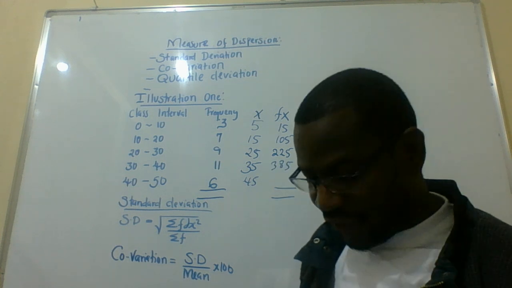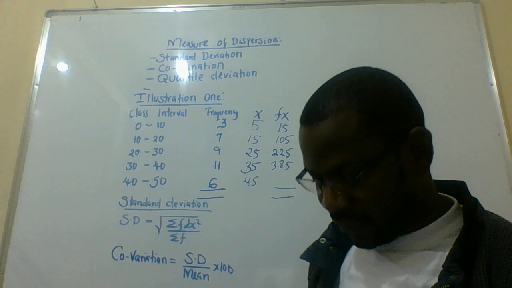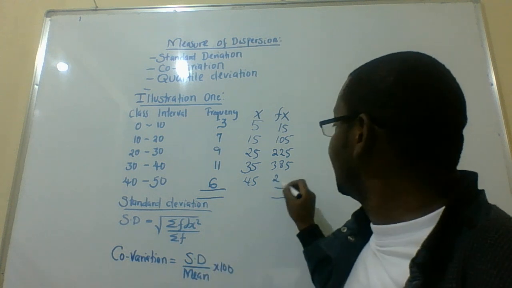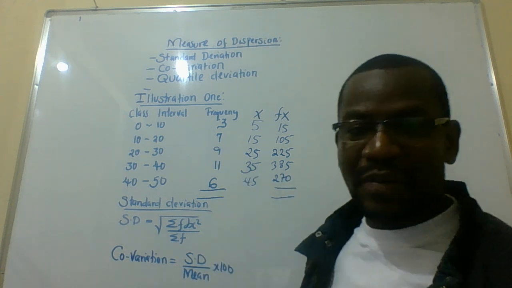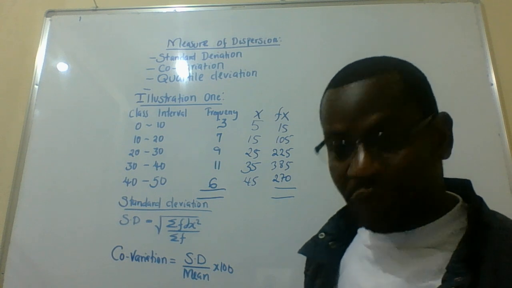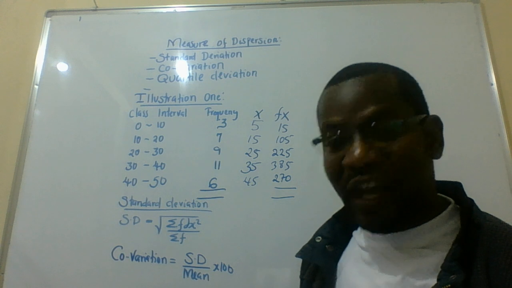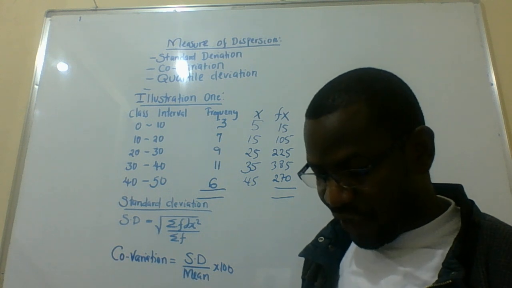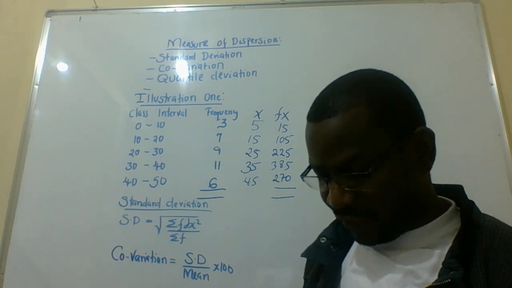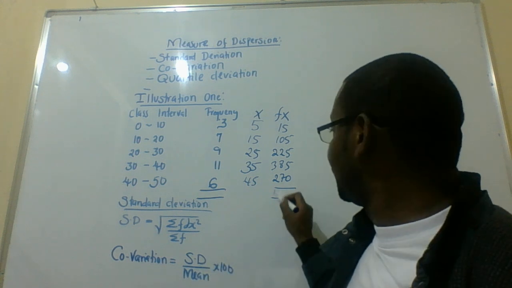Lastly, 6 by 45, which is 270. So get the summation. So 270 plus 385 plus 225 plus 105 plus 15, which is 1000.